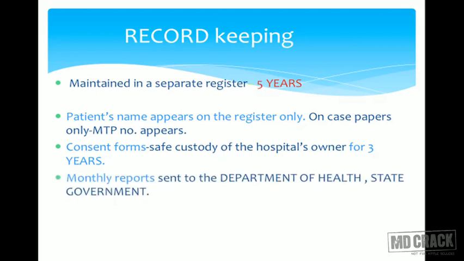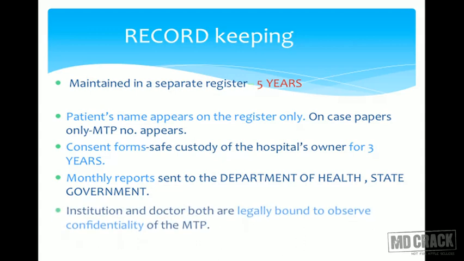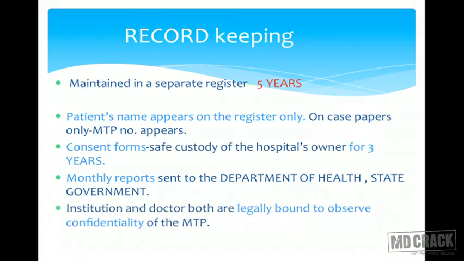minimum 3 years. A monthly report should be sent to the Department of Health, state government, mentioning how many MTPs were conducted, and whether they were of less than 12 weeks gestation or more than 12 weeks gestation. Everything is mentioned in the report, and this report should be sent to the Department of Health.